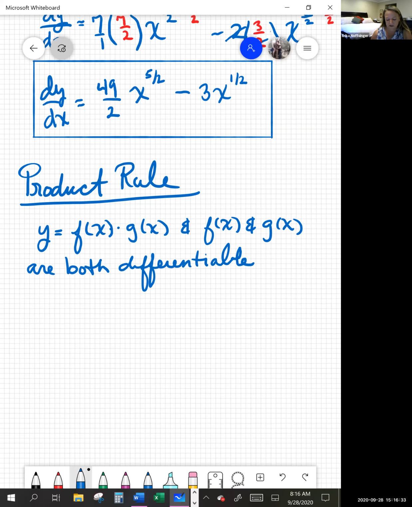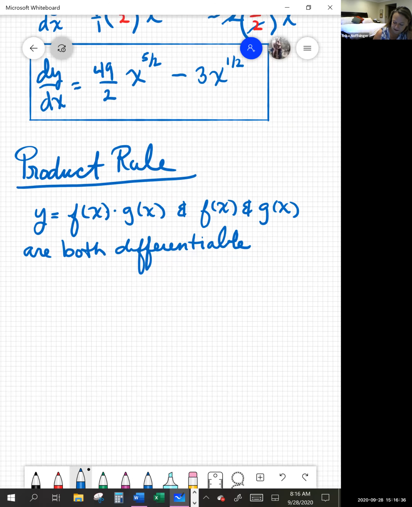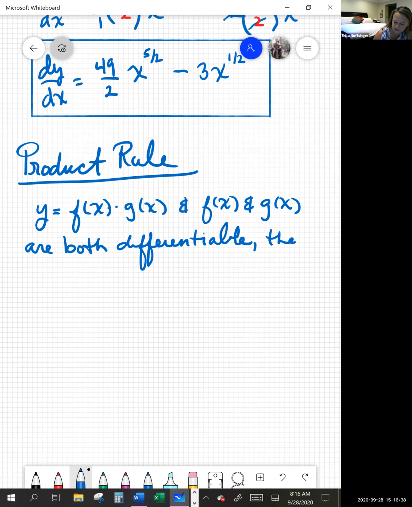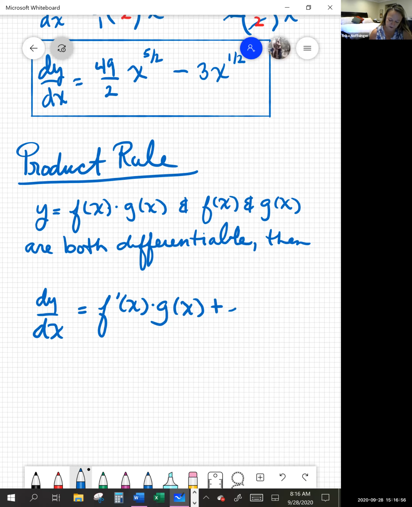Then the derivative of y, so we can say dy/dx, I'm just going to give you the derivative first, is equal to f prime of x, the derivative of the first, times the second function g of x, plus the first function f of x times the derivative of the second, g prime of x.